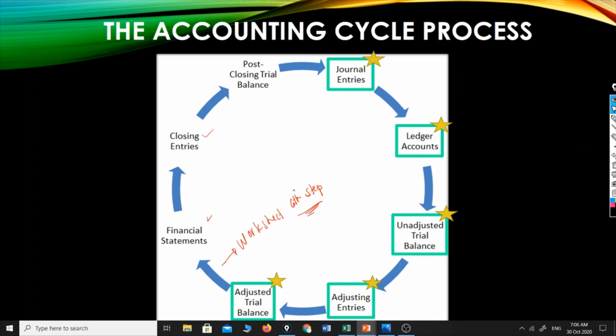Of course, aside from the debit and credit columns not balancing, the additional amount in the net income section, or it could be net loss, should be equal to what we add in the income statement section and the balance sheet section. Okay? So, though it is optional, it is really advisable to create or prepare the worksheet first before preparing our financial statements.